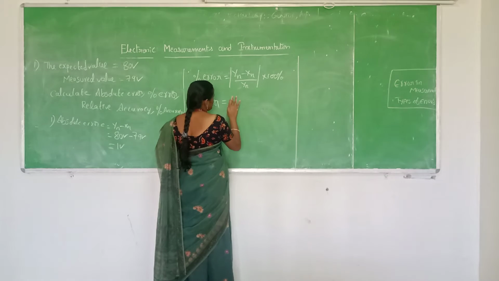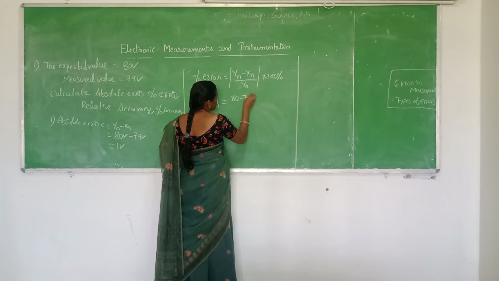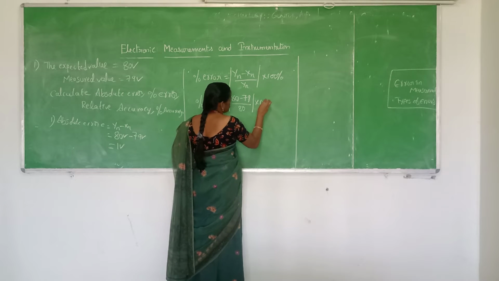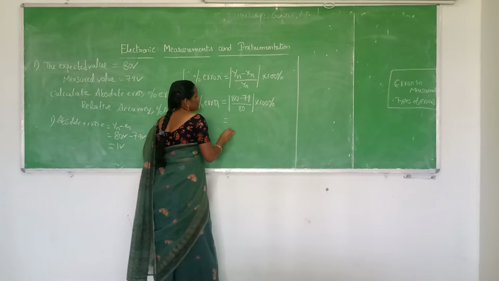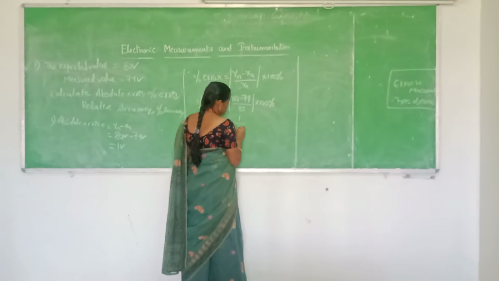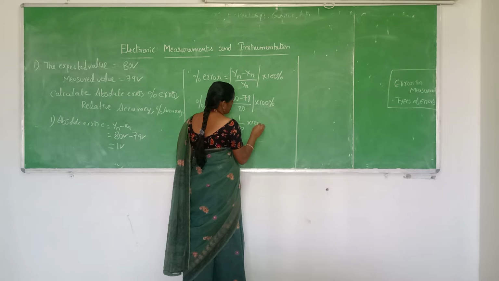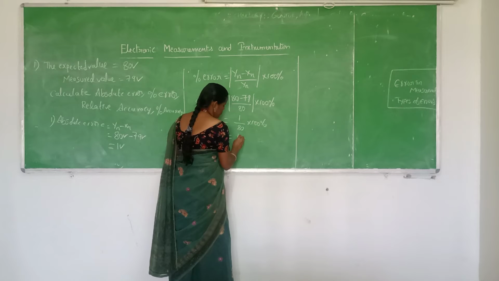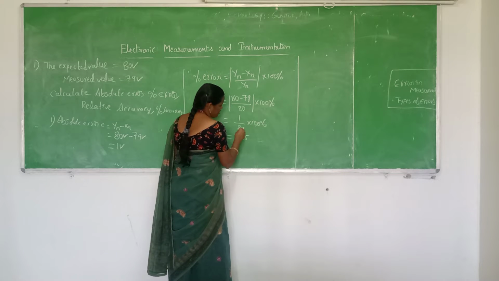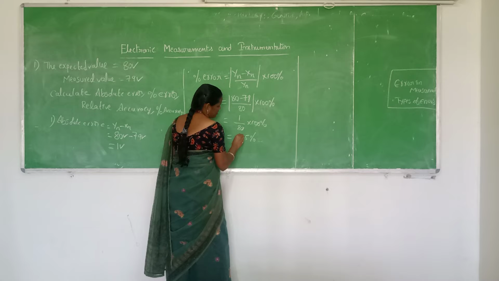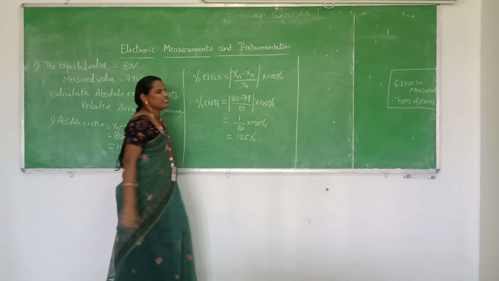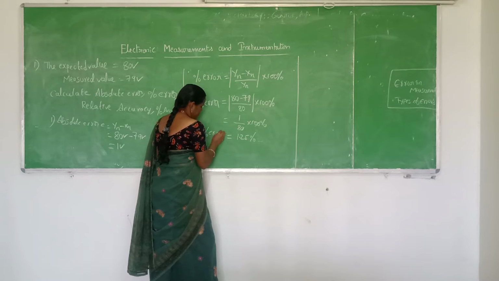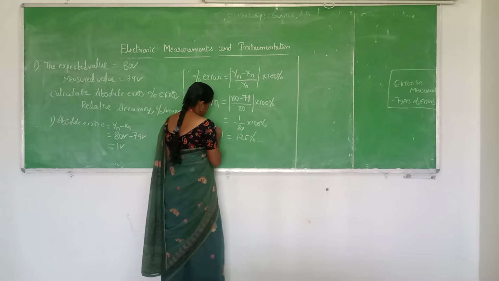So yn is 80 minus 79, that is 1 by 80, into 100 percent, which equals 1.25 percent. So the percentage of error equals 1.25 percent. Keep every answer in a box.